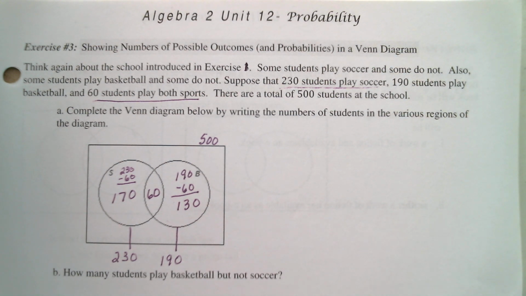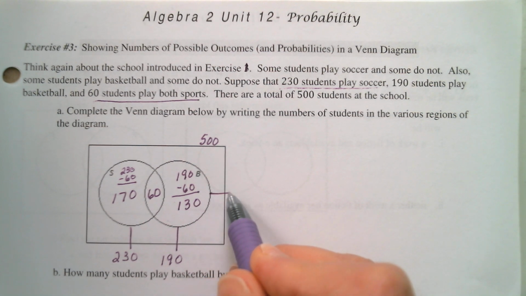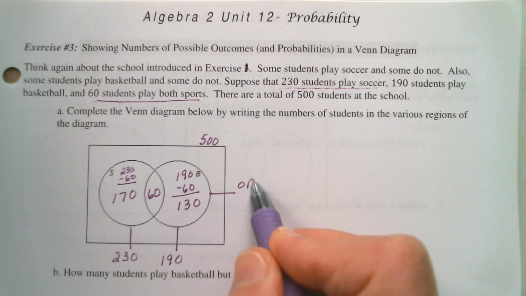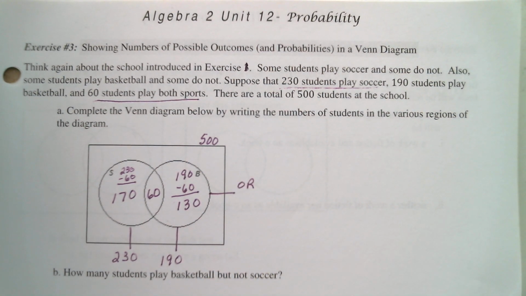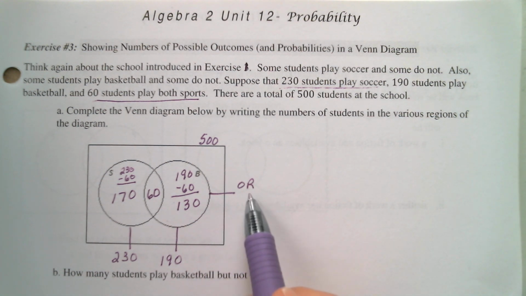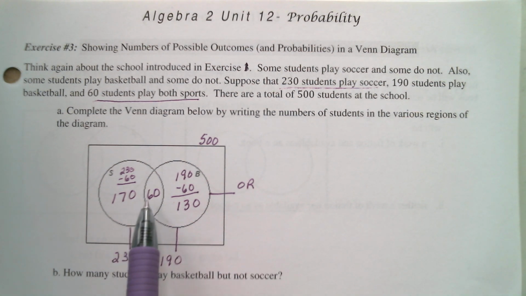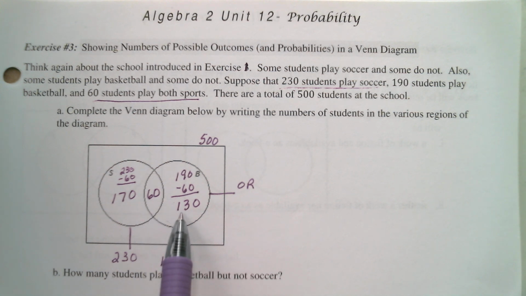Now, if you draw this, this is the OR, right? Kind of think of it as the double scooped ice cream cone, right? 170 plus 60 is 230 plus 130.